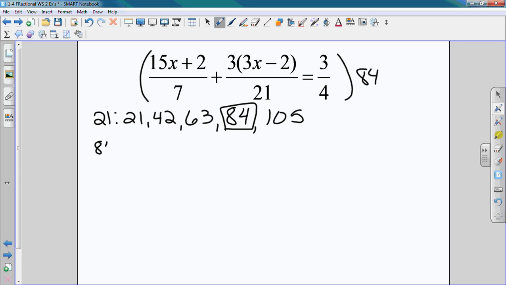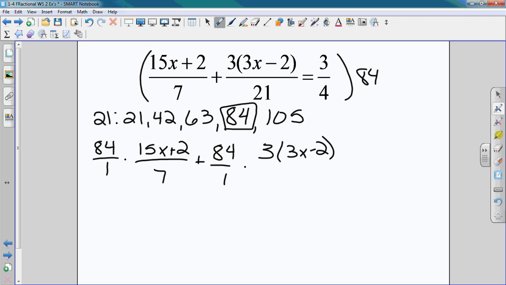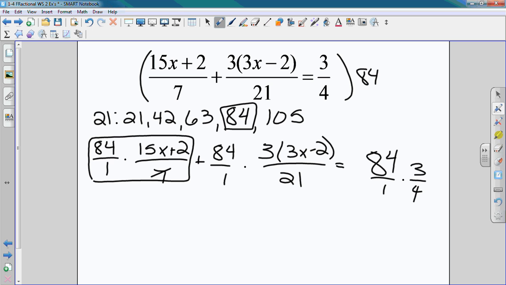So I have 84 over 1 times 15x plus 2 over 7 plus 84 over 1 times 3x minus 2 over 21 equals 84 over 1 times 3 over 4. Now I'm going to cross reduce each section. Here I have this section right here. 1, this is going to be 12.